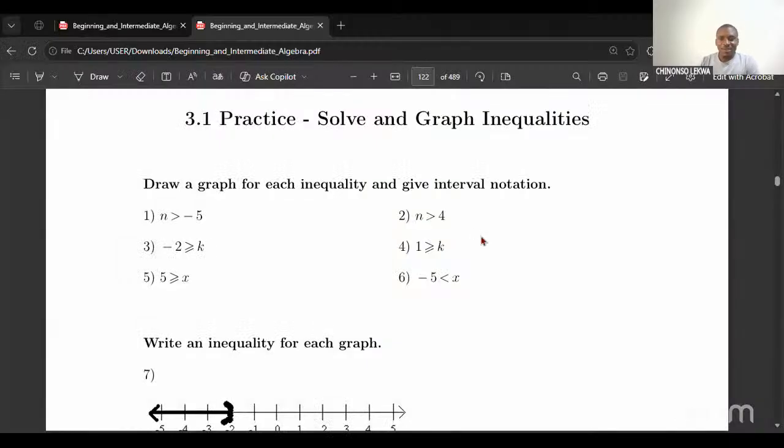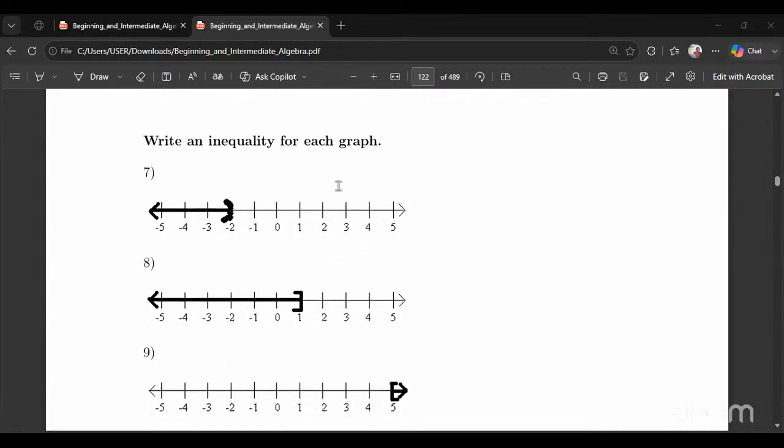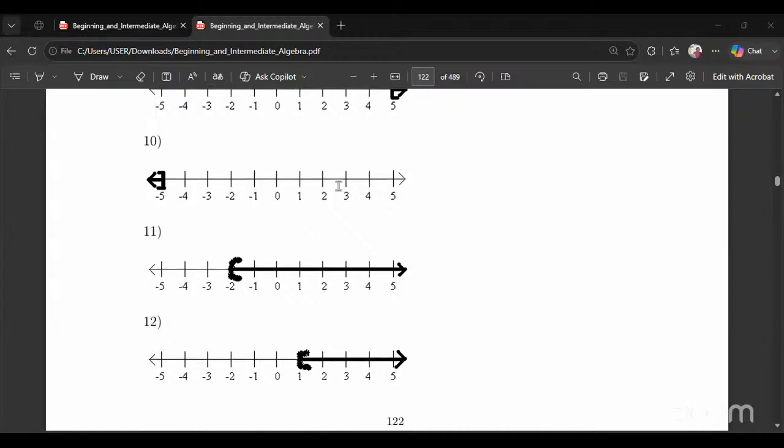Yeah, so Mr. Michael, I believe we're working through 4.1, 4.2, and 4.3, right? Yeah, thank you, Mr. Chinon. I think in our last live stream, we started working on 3.1. So in today's class, we are going to be moving on to 3.2, because we are already on inequality and we solved some of these questions here.